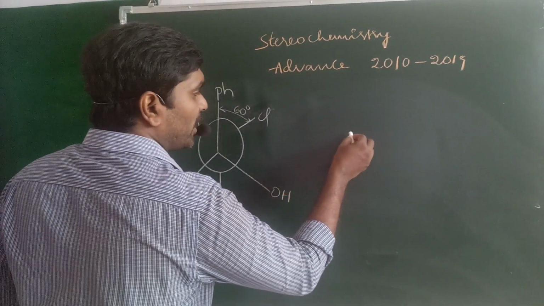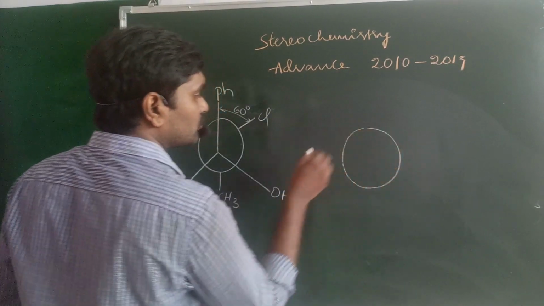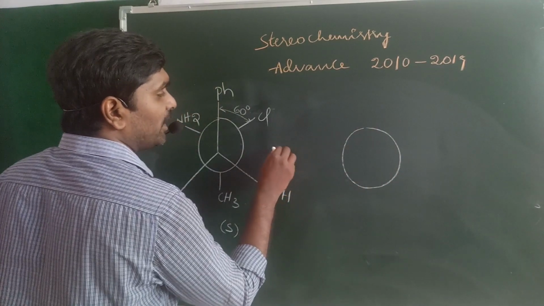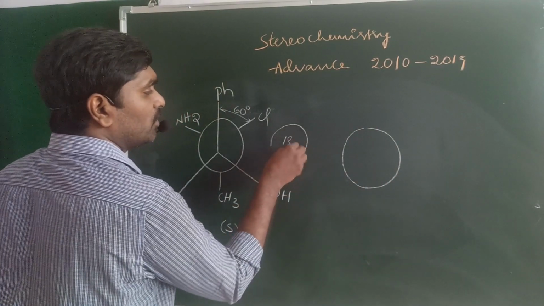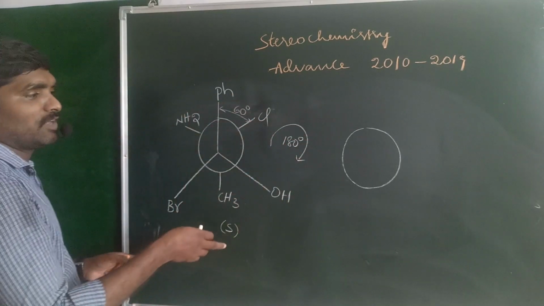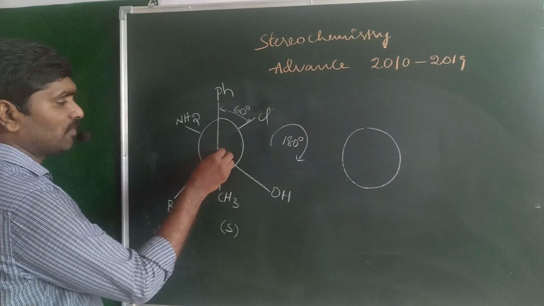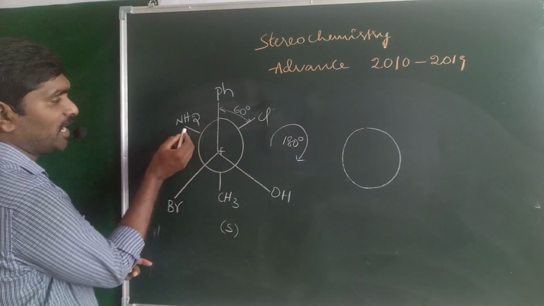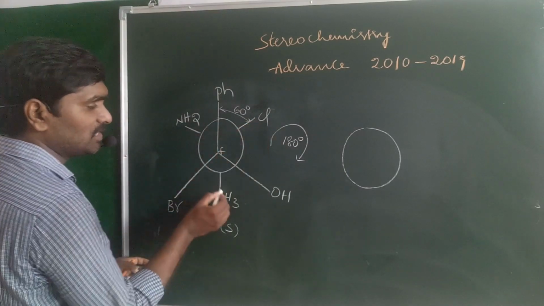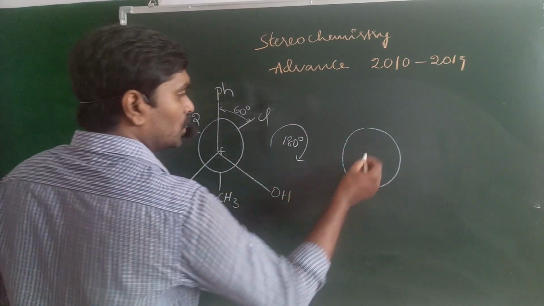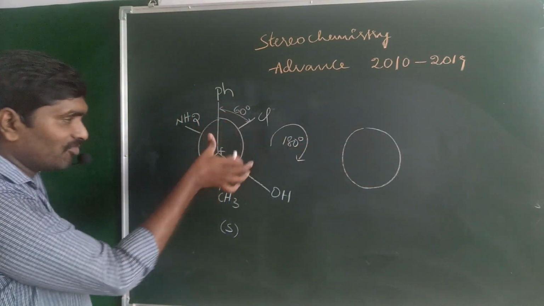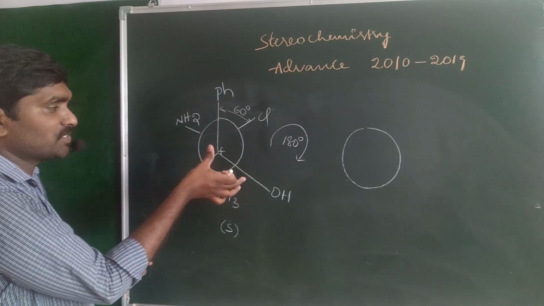When you rotate by 180 degrees, this may be the front side carbon. On the back side carbon you have the NH2 group, Cl and CH3. I'll rotate the front side carbon by 180 degrees, 60, 60, 60.